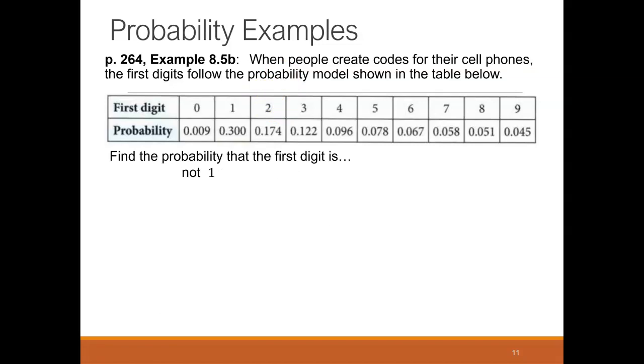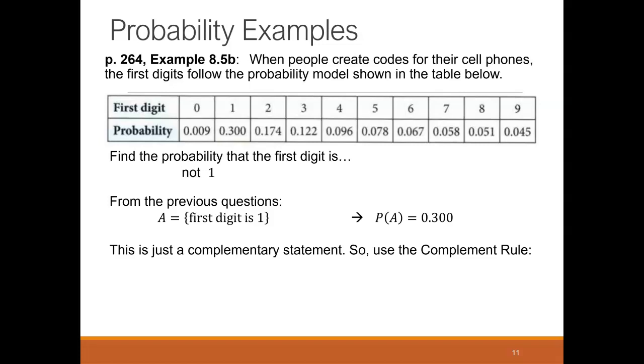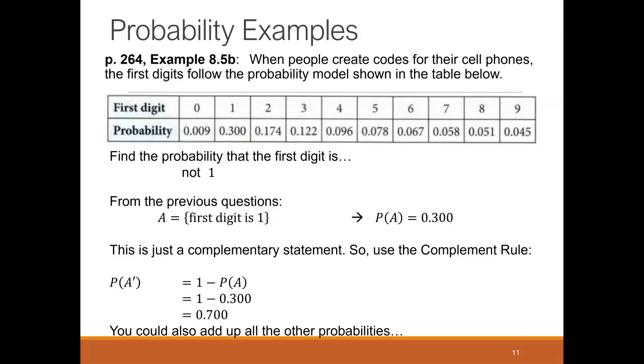Find the probability that the first digit is not 1. Okay, good. So we know the probability that we're 1 is 0.3. So we're going to use that complementary rule. So 1 minus 0.3 should be 0.7 or 70%.